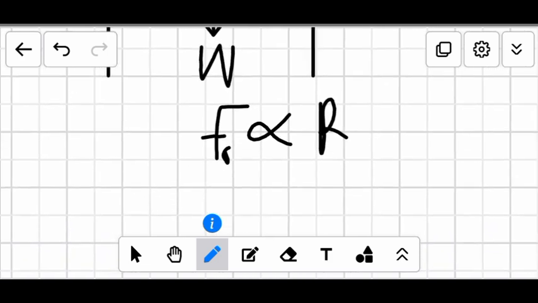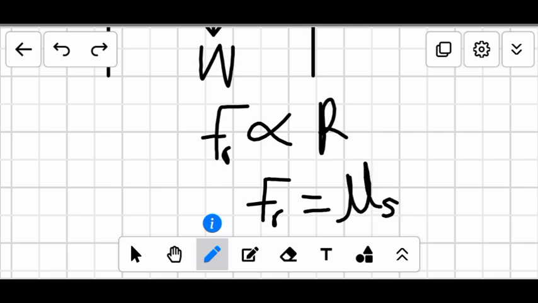So here we're going to introduce a constant. The frictional force will be the coefficient of static friction multiplied by the normal reaction.